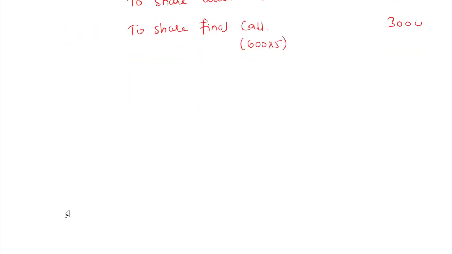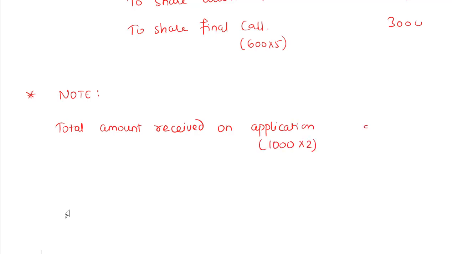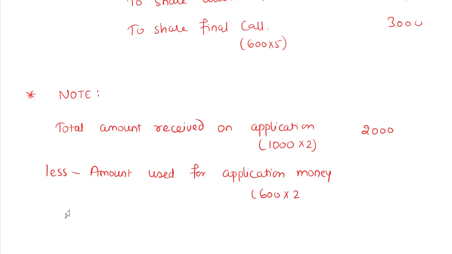Write a note over here. Total amount received on application, 1,000 multiplied by 2, 2,000, less amount used for application money, 600 multiplied by 2, that is 1,200.